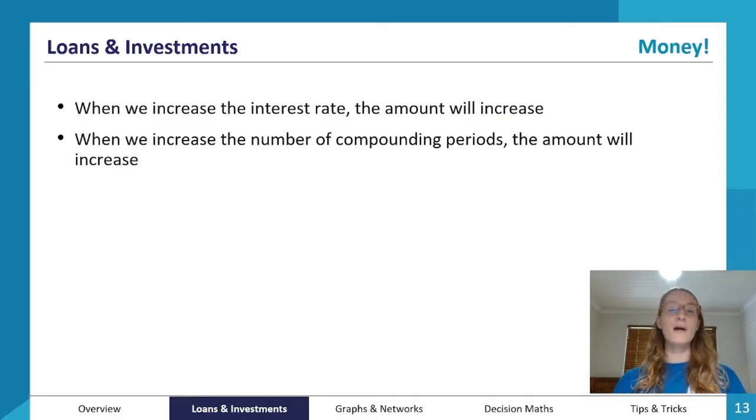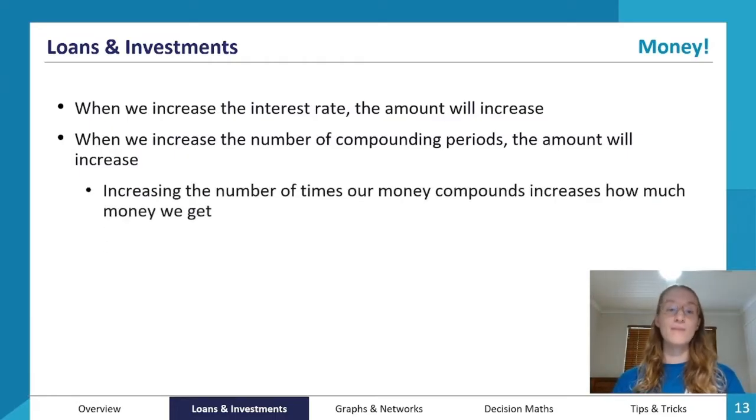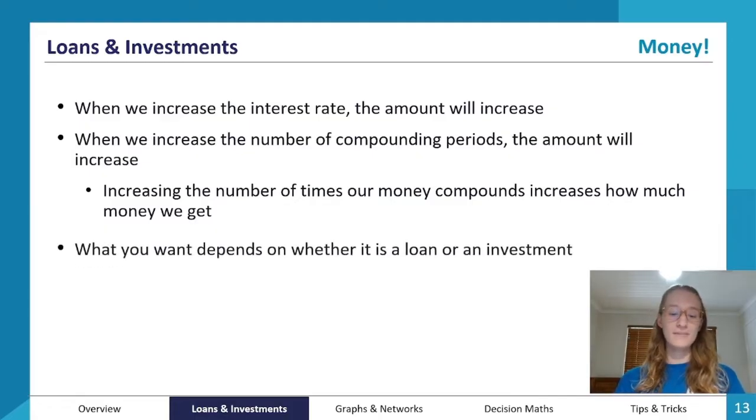So if it compounds once per year, compared to if it compounds 12 times per year, compounding 12 times per year means the amount will increase more. Like I said, increasing the number of times our money compounds equates to increasing the amount of money that we get.